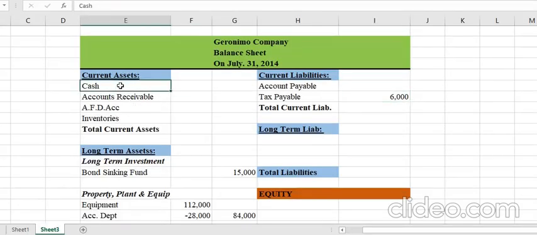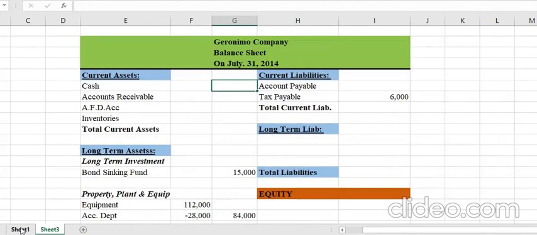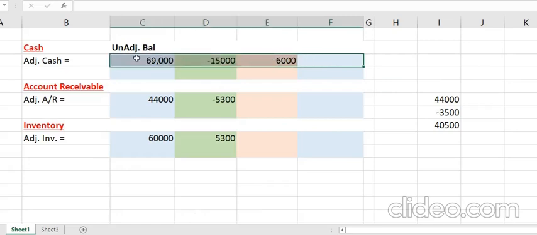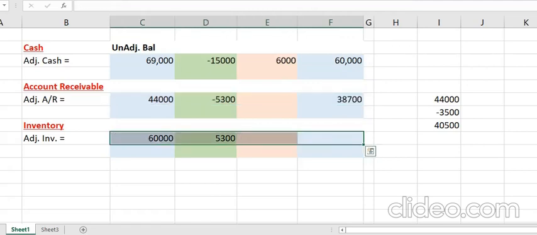So what I will do now: I had a cash balance of $69,000, but now I made some adjustments to cash. What will be my new or adjusted balance of cash? For that I will add whatever adjustments I have. Likewise, I will add to the account receivable, and I will add the inventory adjustments also here.